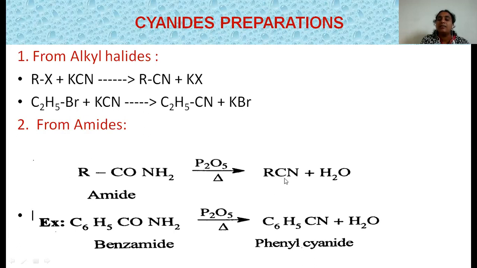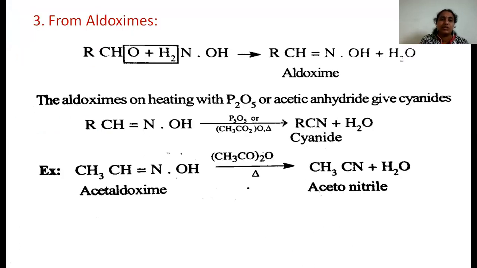Finally, three bonds are generated between the carbon and nitrogen. This is the formation of the alkyl cyanide. For example, benzamide reacts with phosphorus pentoxide on heating to produce phenyl cyanide. This is the second preparation.